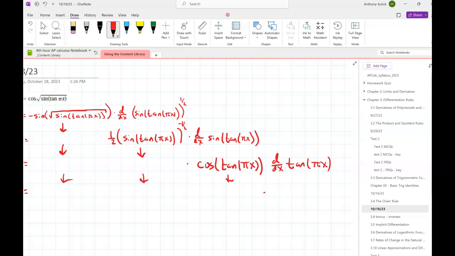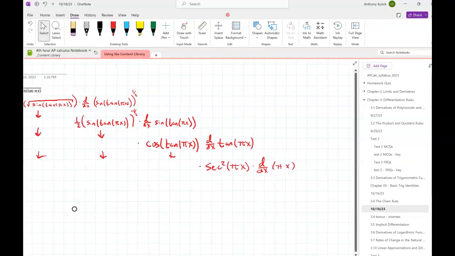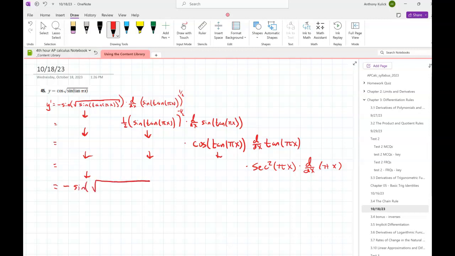And then to do the derivative of tan pi x, the outer function is tangent, or tan x. The derivative of that is secant squared times the derivative of the innards. And now I'm just going to write out my final answer here.